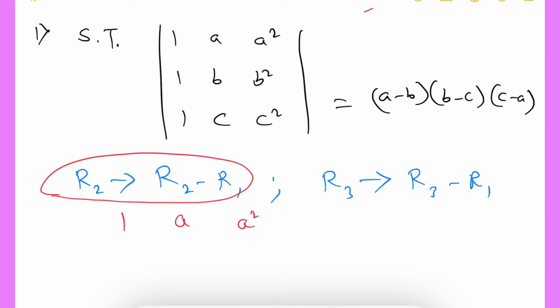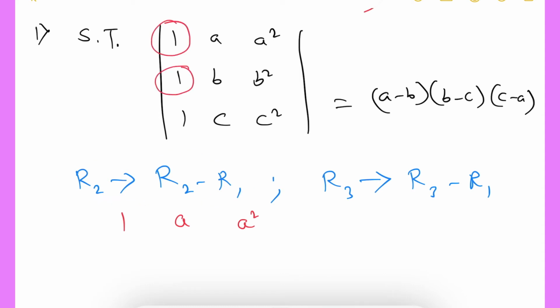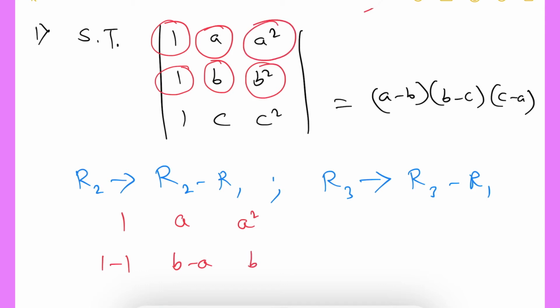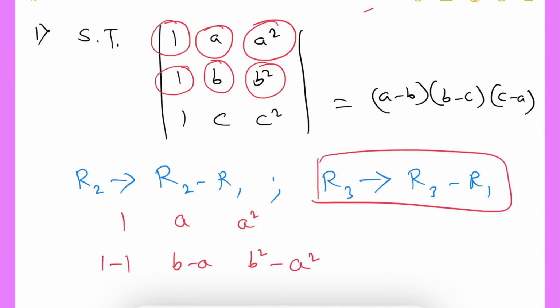So this is the second row element, this is the first row element: 1 minus 1. Second row element, first row element: b minus a. Second row element, first row element: b square minus a square. The same way for R3, that is the third row, I will do the same.